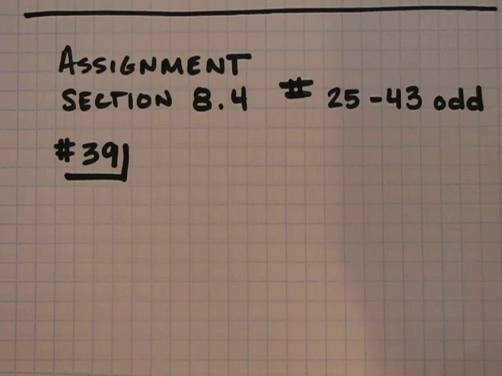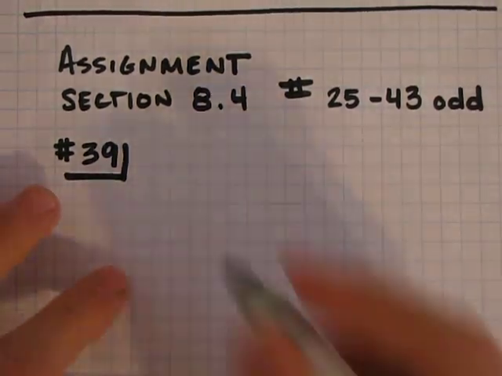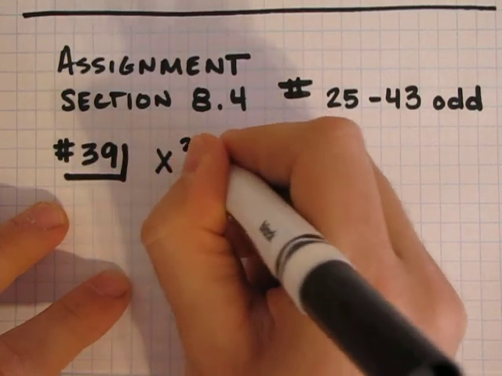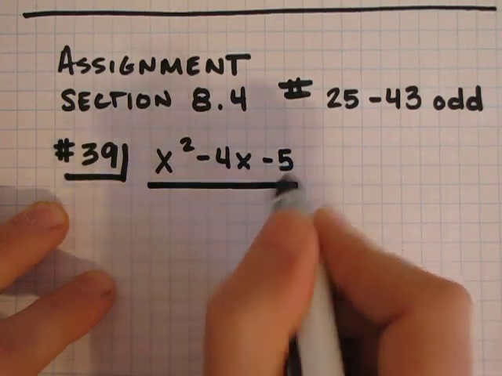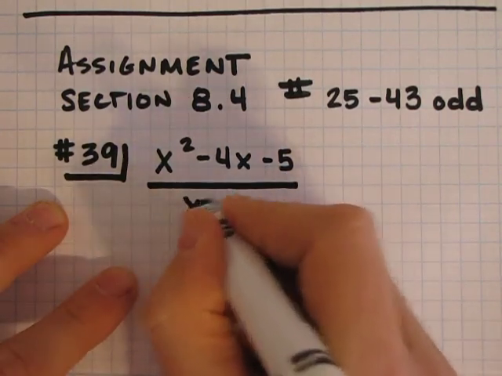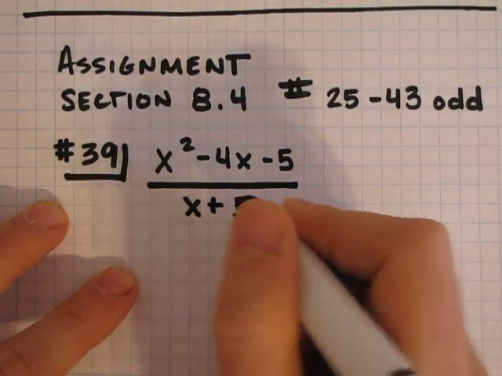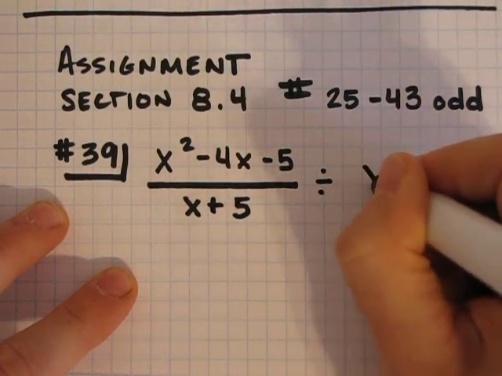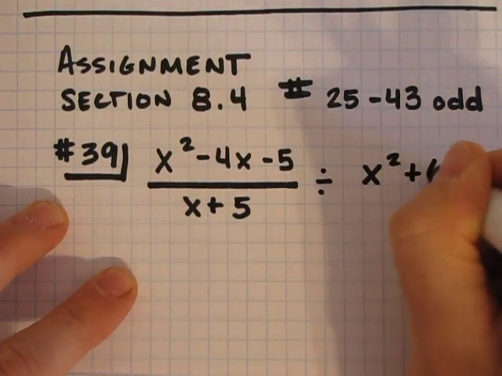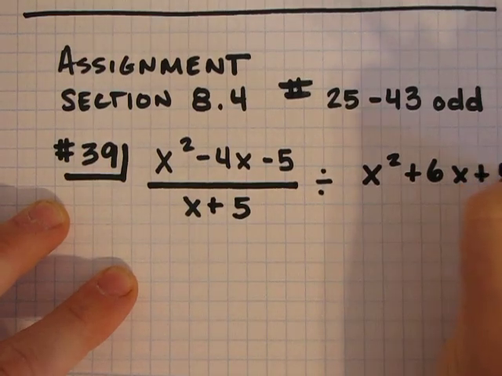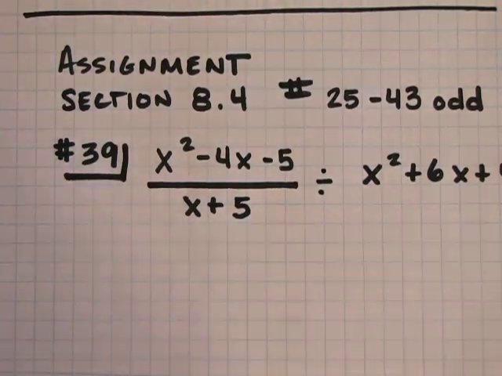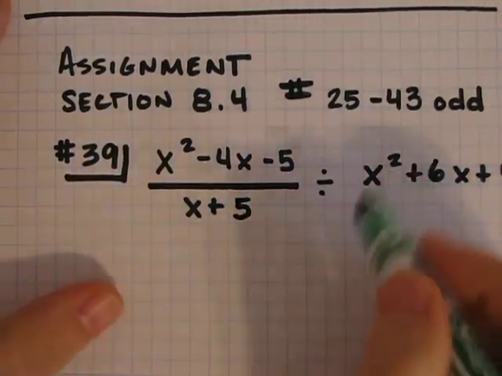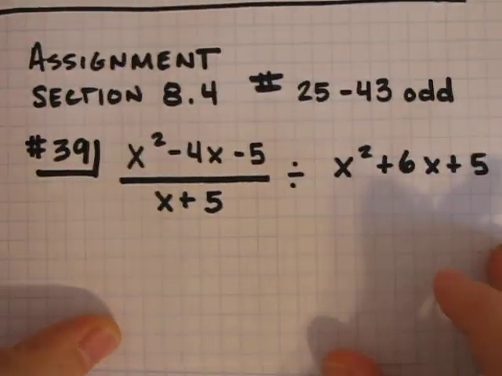So you should have problem number 39 copied down. If you don't, it looks like this. What can be confusing about a problem like this is that the second term doesn't have a fraction, and we know we're working with fractions here.